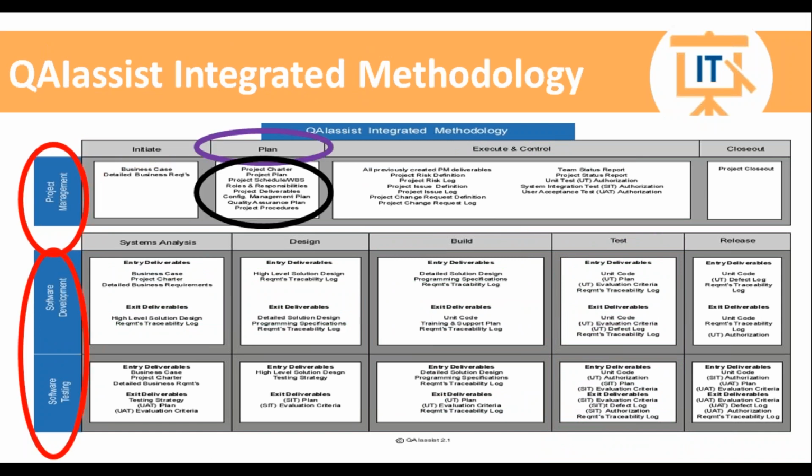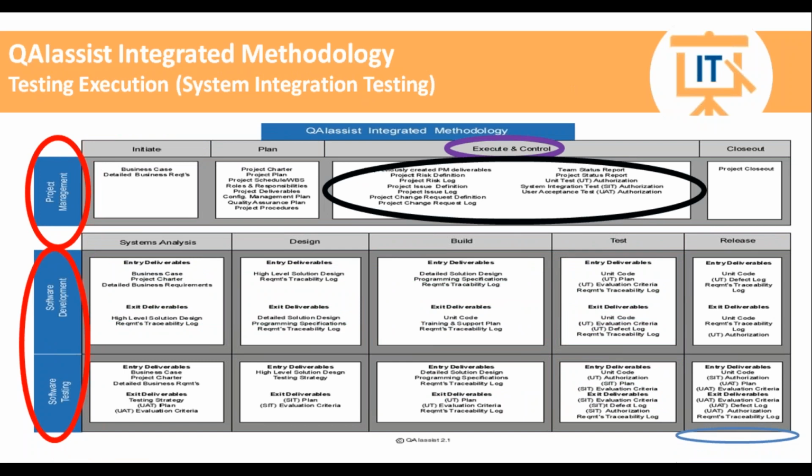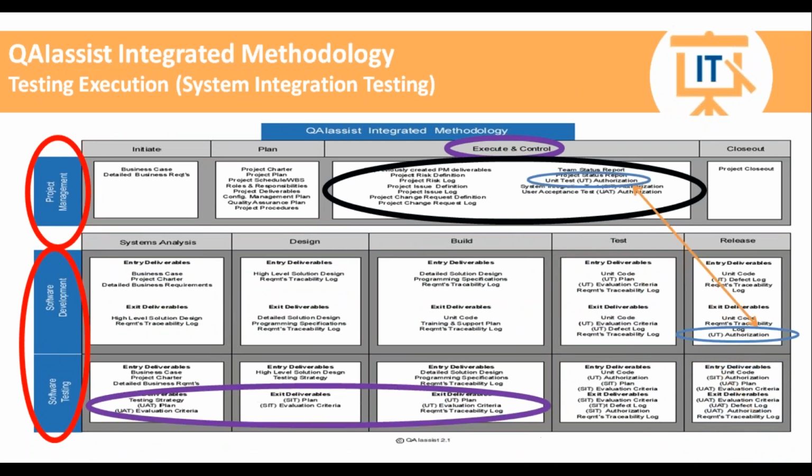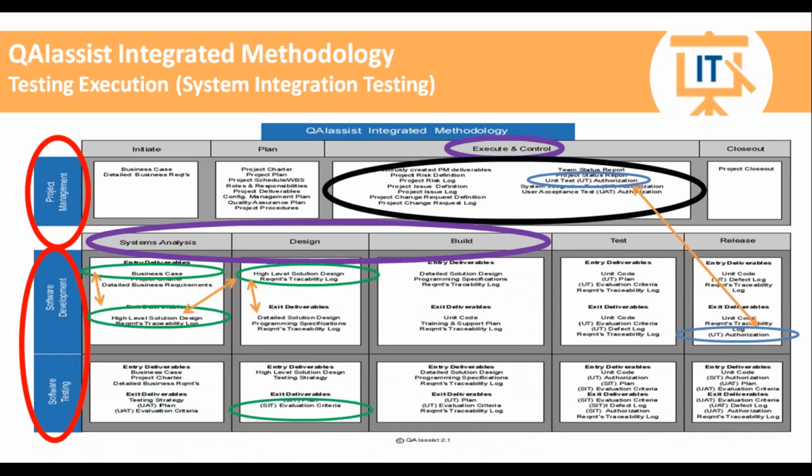Similarly, when we're doing our system integration testing, assuming we have our unit test authorization completed, we know when we're doing our project, we have our high-level solution design deliverable and our detailed solution design deliverables per function.